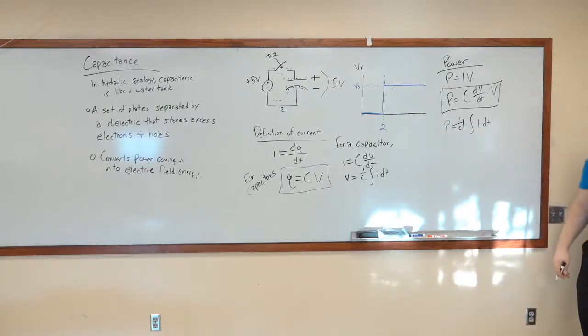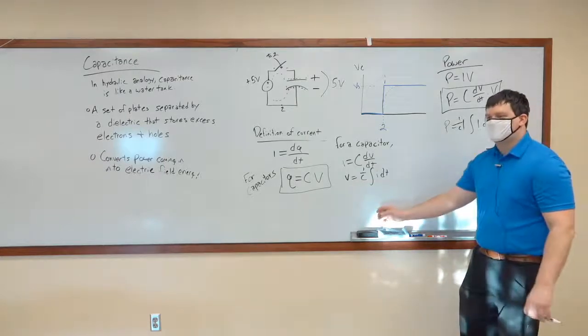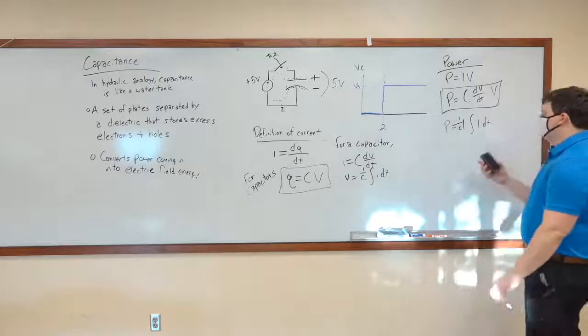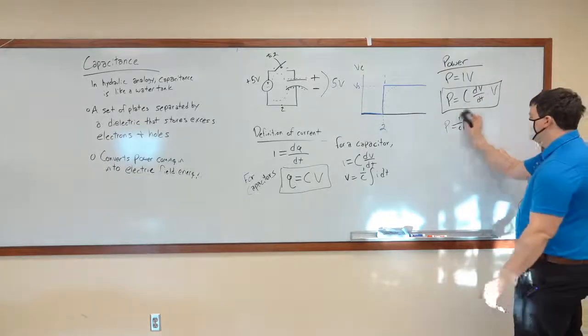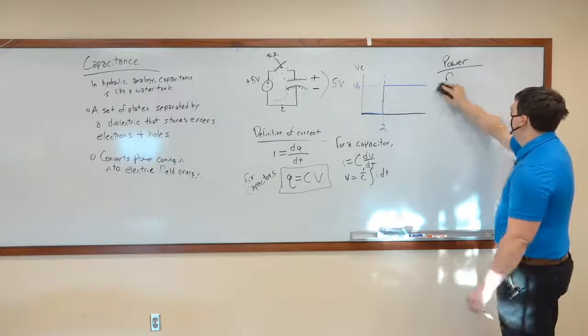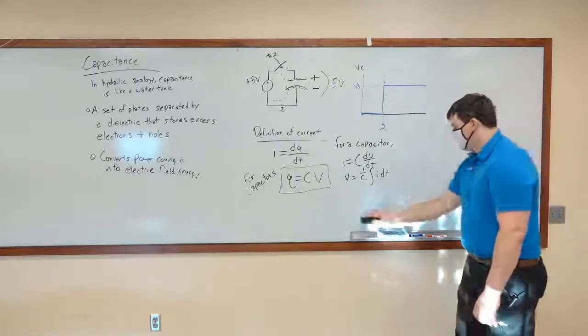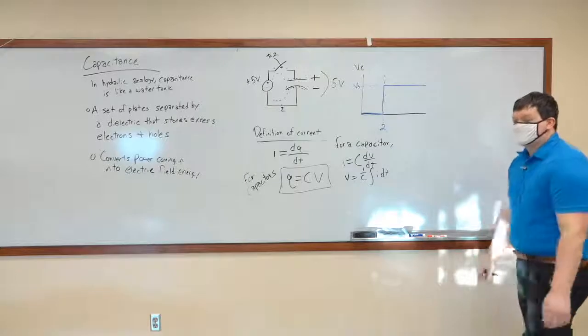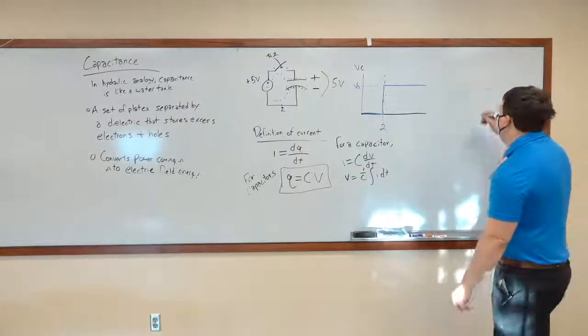These both suck. There's a reason why there was no power formula given to you in your book. Don't even write it down. It's not worth your time. But I derived them for you, and they're true.